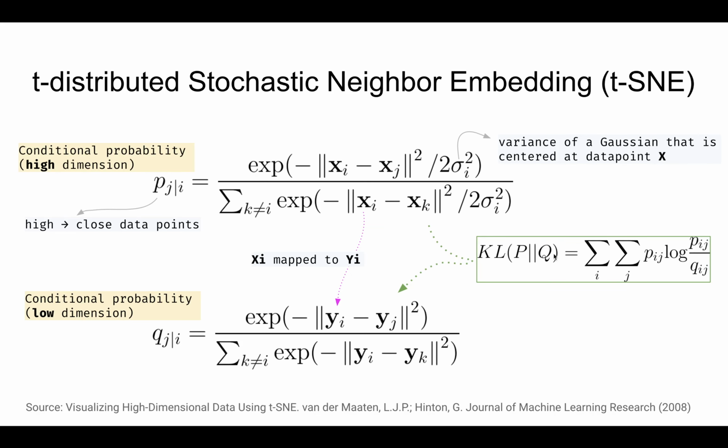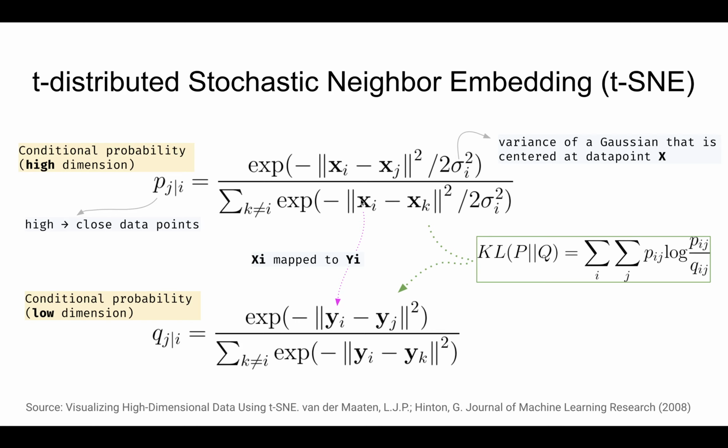And the equations for calculating the conditional probability in high and low dimensional spaces, P j given i and Q j given i, are given by these two relations shown here.